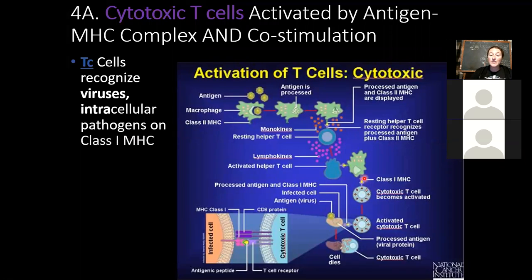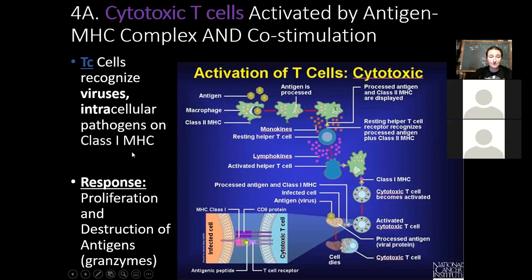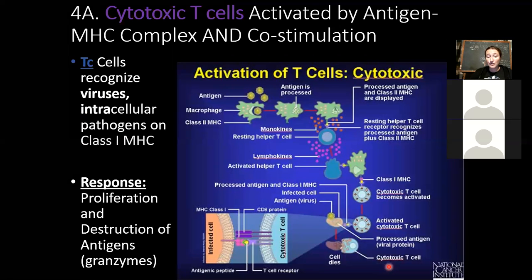And so any kind of intracellular invaders, such as a virus or something else that can actually get inside the cells, are presented on class 1. When that occurs, we also need some co-stimulation. And once the cell is activated by co-stimulation as well as the presentation, the cytotoxic T cell is actually toxic to cells. It can destroy the particular antigens.